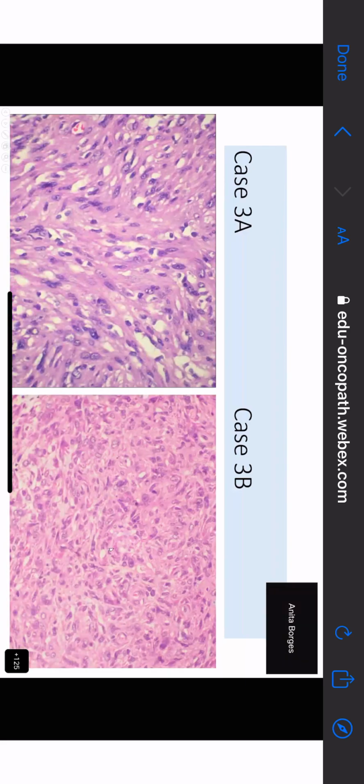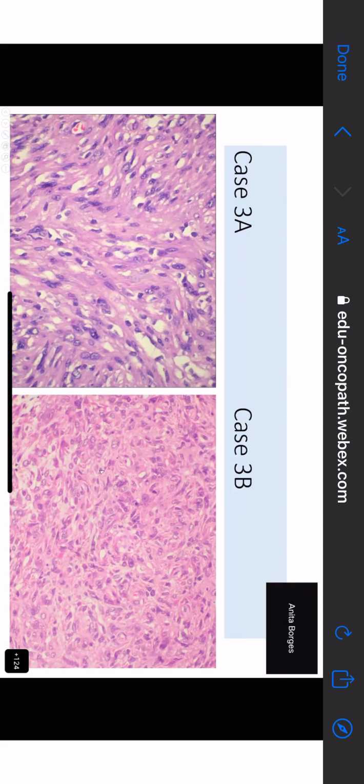And then you look at it at high power. And now you can see these nuclei on both sides very, very close. And these are spindle, or when the fascicle is cut at right angles, they are round. But apart from being spindle, some of them show marked pleomorphism of the nucleus.